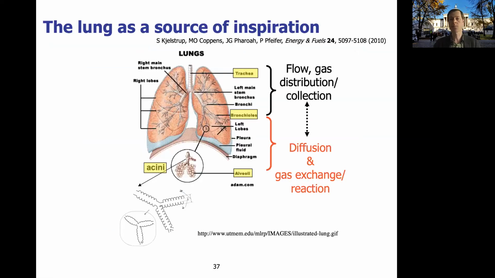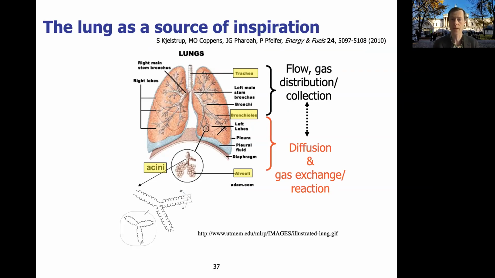And so we draw inspiration from the lungs because that's an air distributor, right? But it's a very efficient and scalable air distributor that has evolved over millions of years. And so there's a lot to be learned from that. And so mammalian lungs have this similar structure where you have this fractal hierarchical structure at the top levels where flow is limiting transport. But then at some level, these bronchioles become narrower and narrower and narrower.